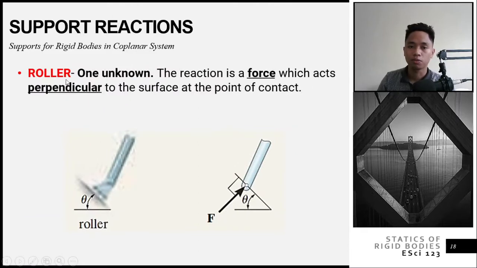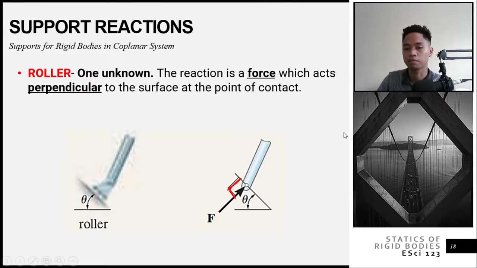Next is your roller support. The roller reaction is a force which acts perpendicular to the surface. For example, this is your surface, inclined at angle theta, and this is a roller support. It looks like wheels, small wheels. So your reaction there would be one force, one unknown, and it is always perpendicular to your point of contact.